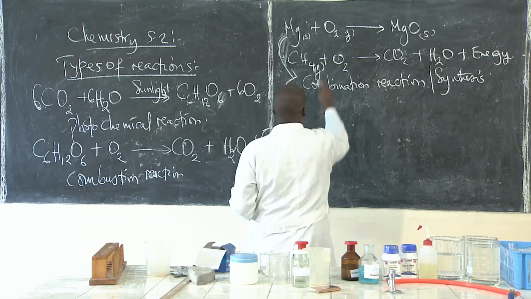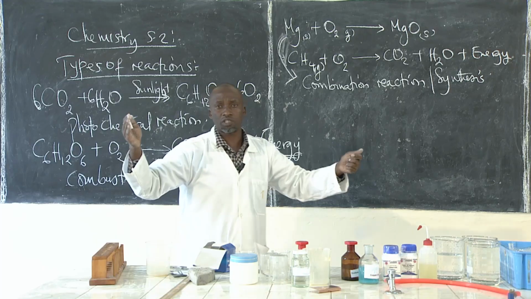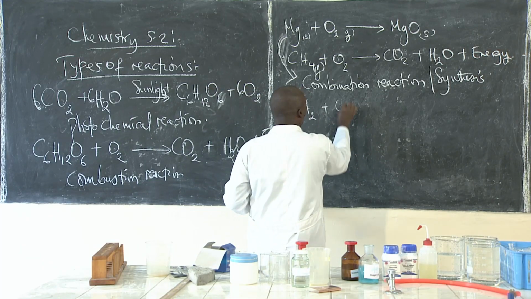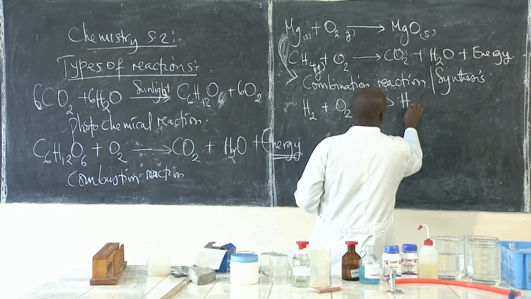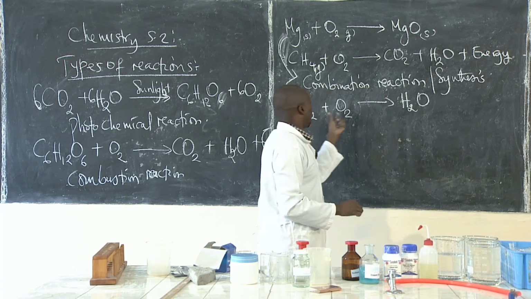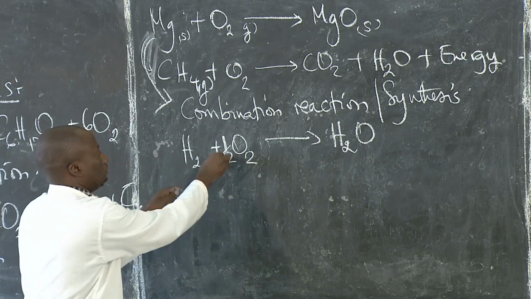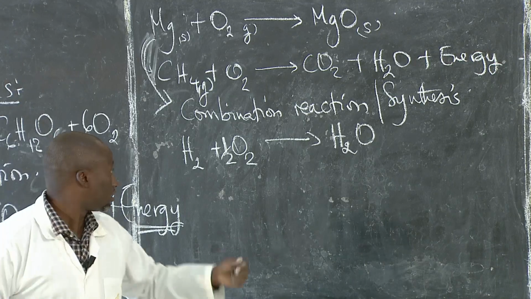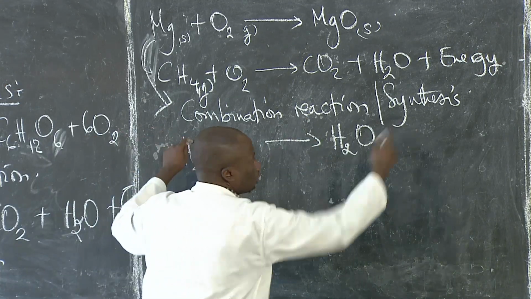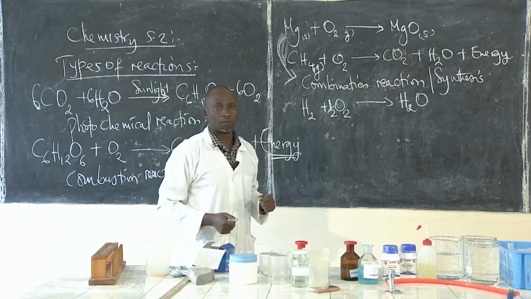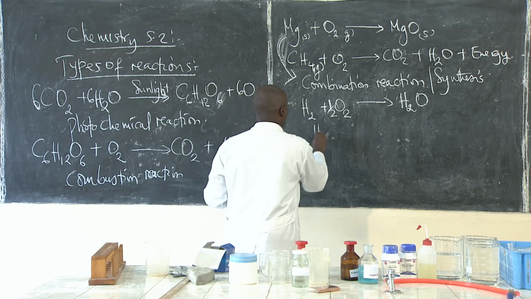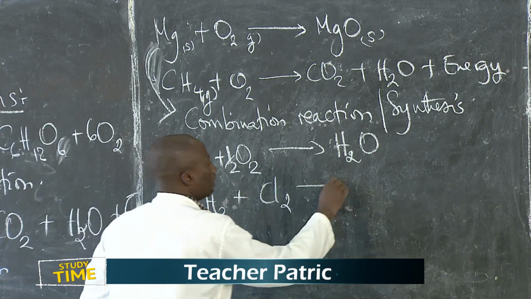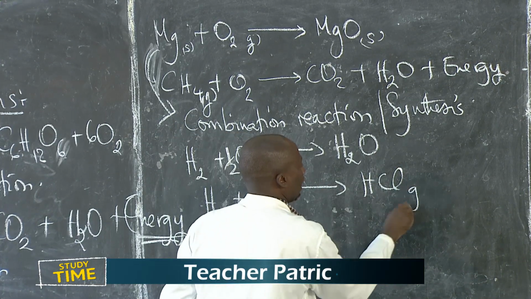We can have other examples as well. You can have hydrogen combining with oxygen to form water. Water is made up of these two elements, oxygen and hydrogen, combining to form the water. That is one other example of a combination or synthesis reaction. We can as well have hydrogen combining with chlorine to form hydrogen chloride gas.